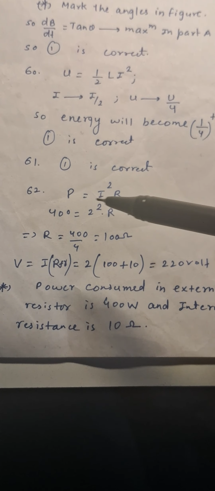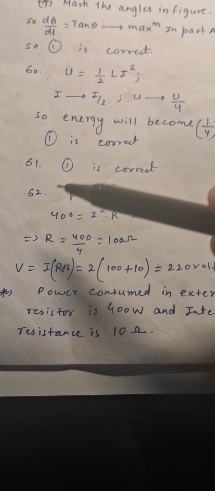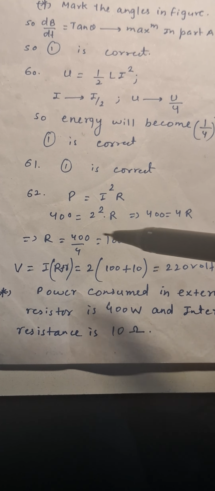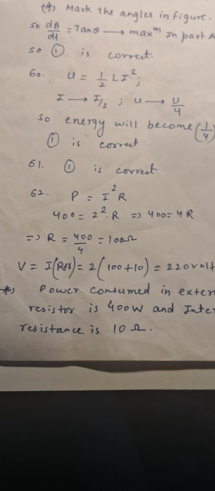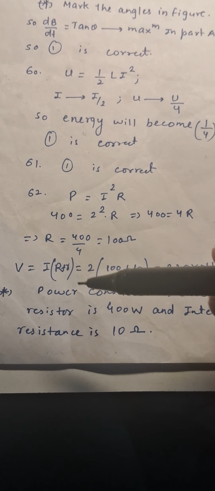In the next question there is a problem on the power generated in a circuit. We know that power is I square R. Power is given to be 400, current is given to be 2. So by calculation we get resistance as 100 ohm. Now we need to find the total potential drop across the circuit.